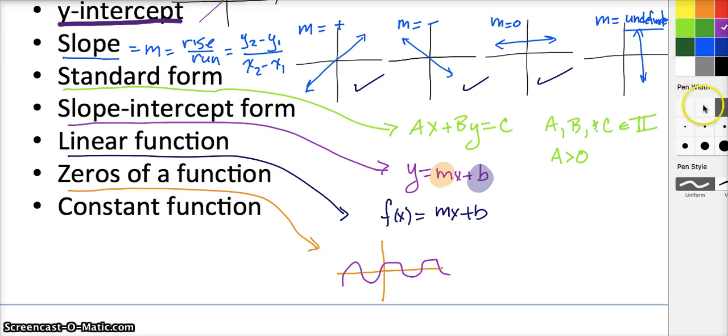The zeros of that sine function would be all the places that that graph crosses the x-axis. So the zeros are the values of x that make the function zero, that make the y value zero. Hopefully that's kind of making sense, because when y is zero, we're at the x-axis, right? So that's why it's called a zero of the function.